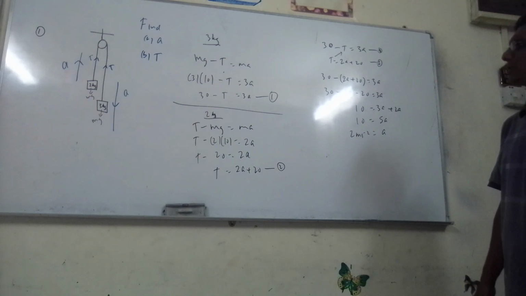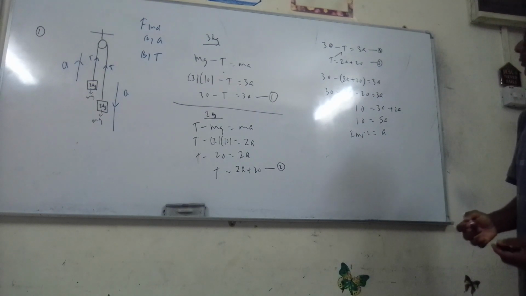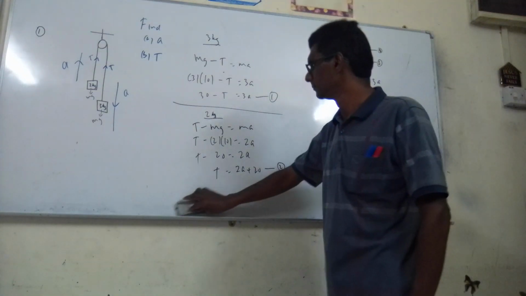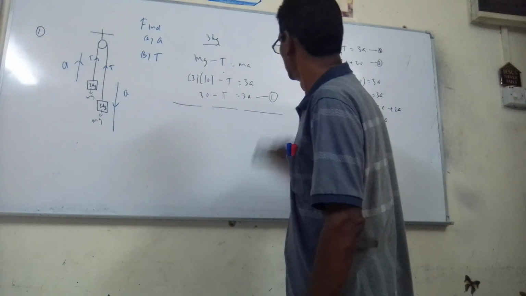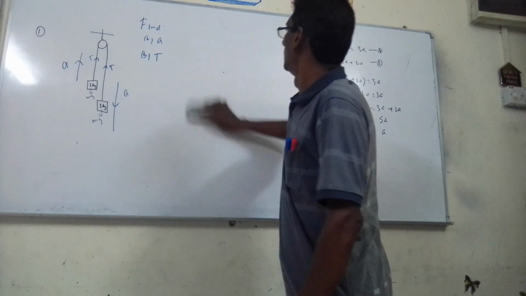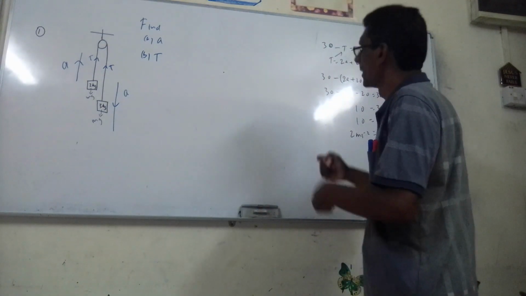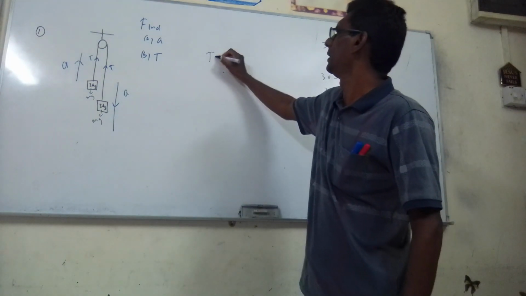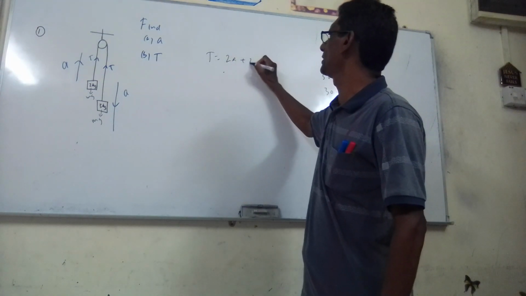And next, we are going to find the tension T. Using equation 2, T equals 2a plus 20.